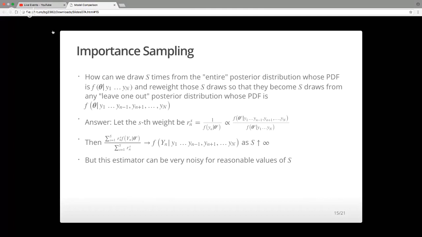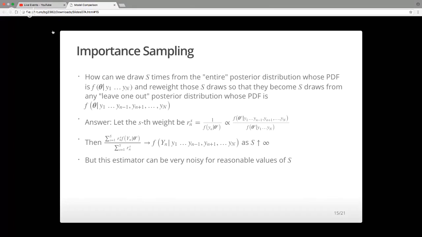However, this particular estimator is not a great one. It can be pretty noisy for like 4,000 S, etc., because it's using these importance sampling weights that are the reciprocal of something. And so if any of these density values in the denominator get close to 0, then the R is going to get really close to infinity, and that induces a lot of noise in this process.